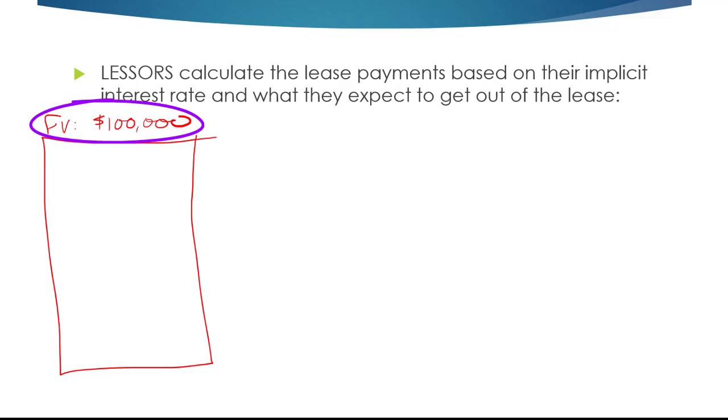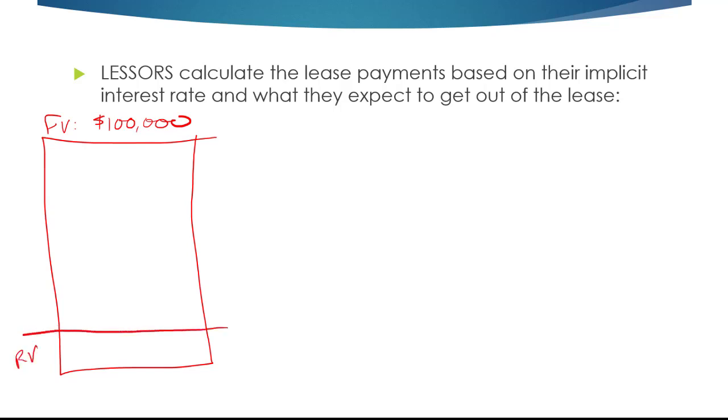Either I'm going to sell it for $100,000 on the open market, I'm going to use it myself and get $100,000 worth of work or utility out of it, or I'm going to get it from my lessee. So if the lessee wants to keep it, or the lessee wants to use it right up until it's worthless, then I'm going to insist that the value of the payments that I get from my lessee give me back my $100,000. If they're going to give it back to me so that I can sell later, we call that a residual value.